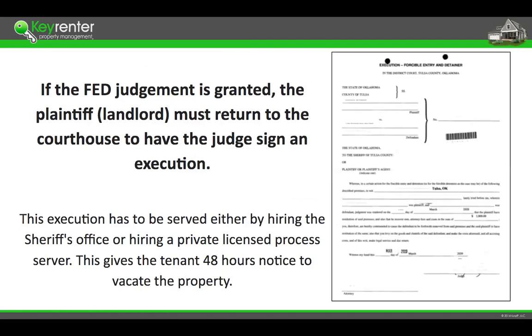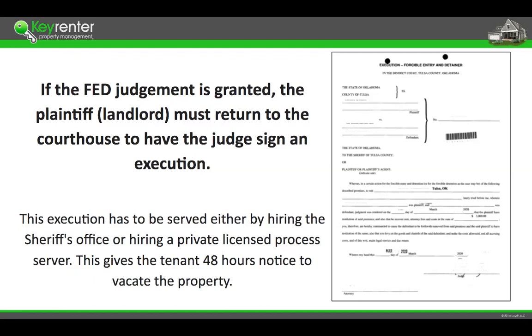If the forcible entry and detainer is granted, the landlord must then return to the courthouse a couple days later to have the judge sign an execution that grants them the right to schedule the lockout. So it has to be served. The execution has to be served, again, either by hiring the sheriff's office or hiring a private licensed process server, because I think the court wants to ensure that it actually gets served.